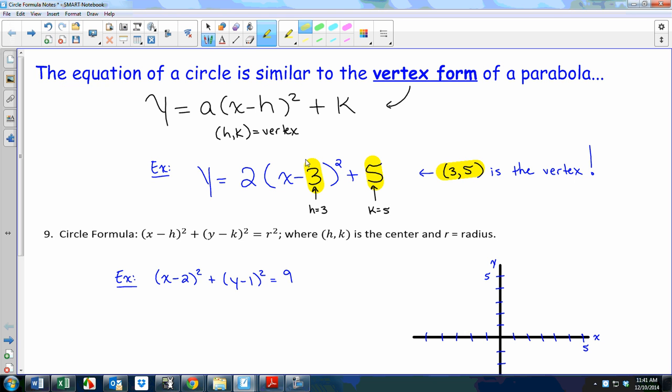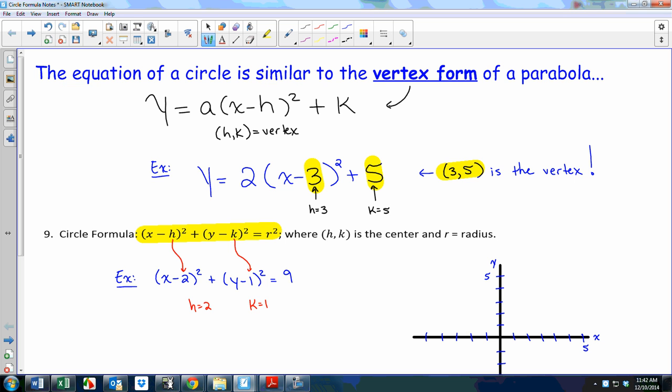Very similar with circles. The formula for circles is this one, x minus h in parentheses squared plus y minus k in parentheses squared equals r squared, where that h, k represents the center of the circle and the r is the radius. So in this example, the h and the k, the h would be 2, the k would be 1.